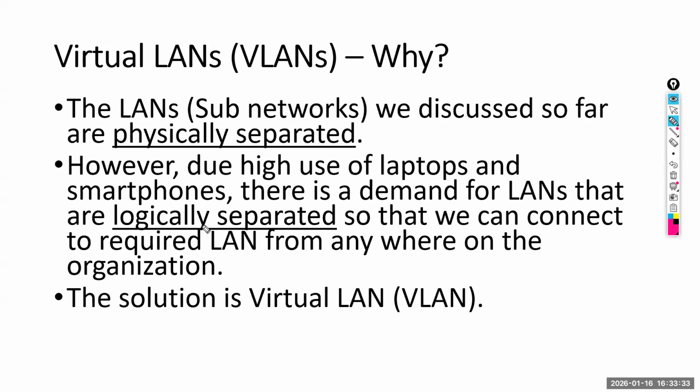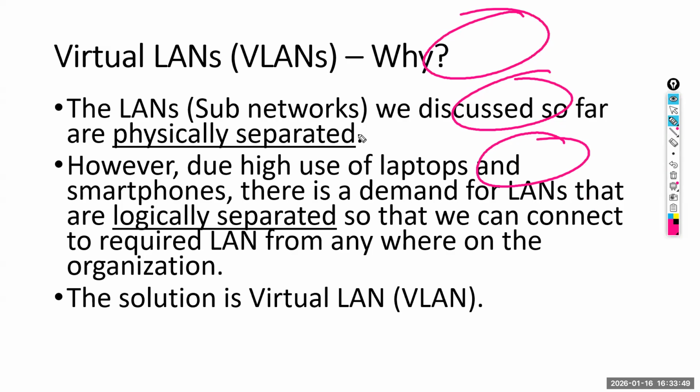So far what we discussed is creating subnetworks by allocating different IP addresses. Those are physically different networks. For example, say first floor, one subnetwork, second floor, another subnetwork, third floor, another subnetwork.